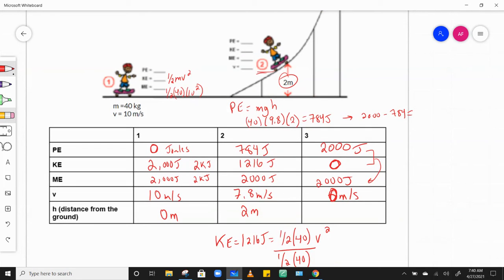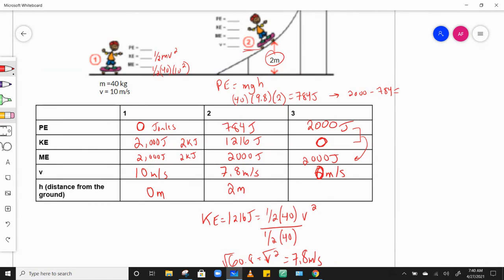All right. Then in order to find the height, or the distance from the ground, we use the idea that potential energy equals mgh. The potential energy is 2,000. The mass is 40 kilograms. G is 9.8, and we're looking for h.